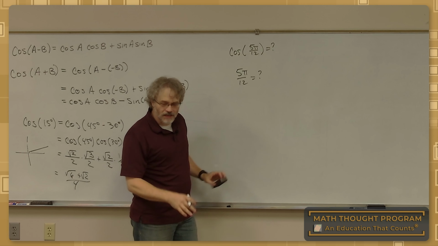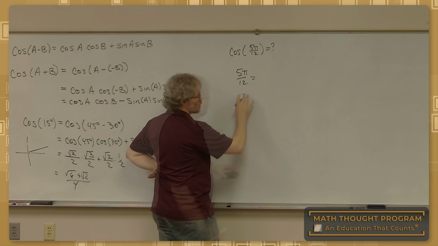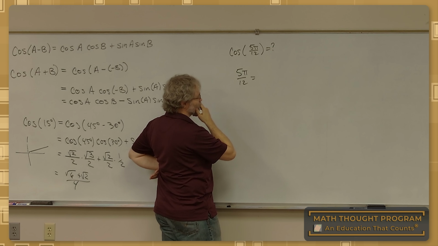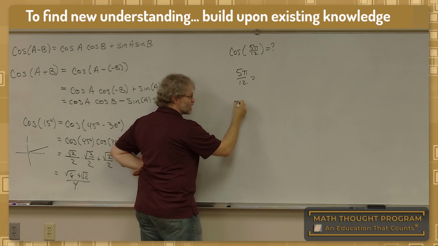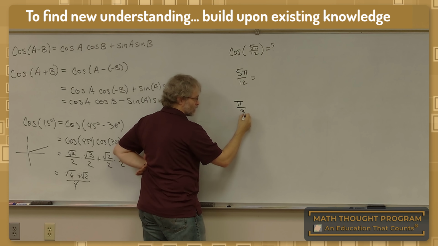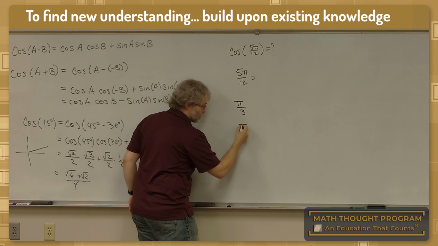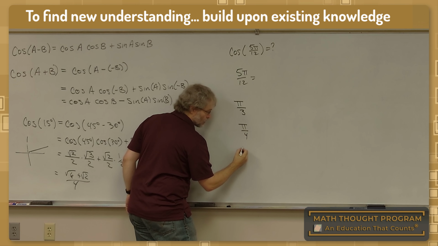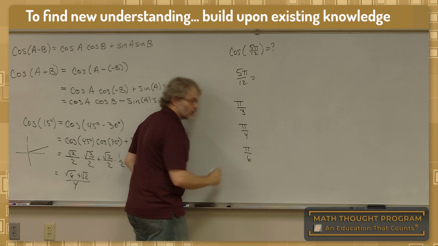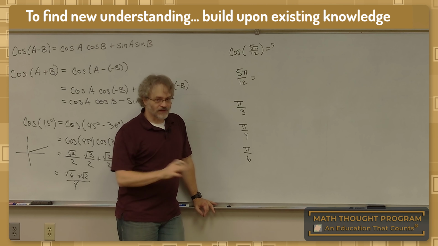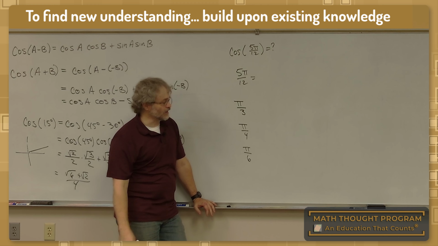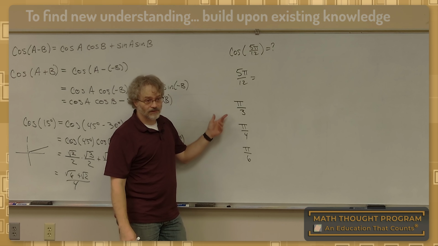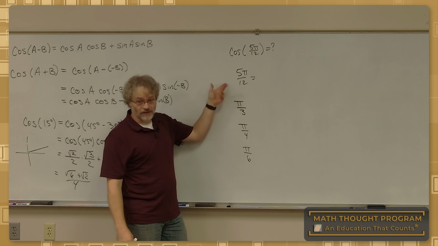Okay, so let's play around a little bit. When I look at 5 pi over 12, what I want to do is take this back, if I can, to a pi over 3, a pi over 4, pi over 6. Because if I can take it back to these, I know exactly what's going to happen at cosine and sine at these three values. I haven't a clue what's happening here quite yet.